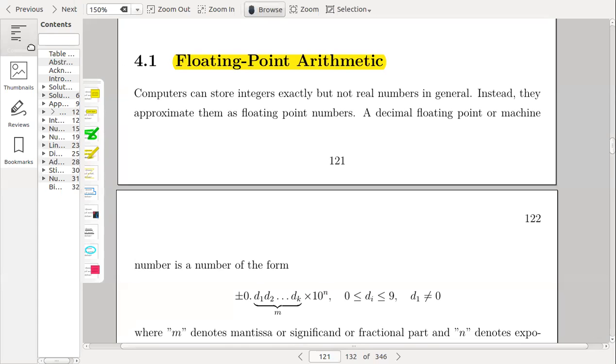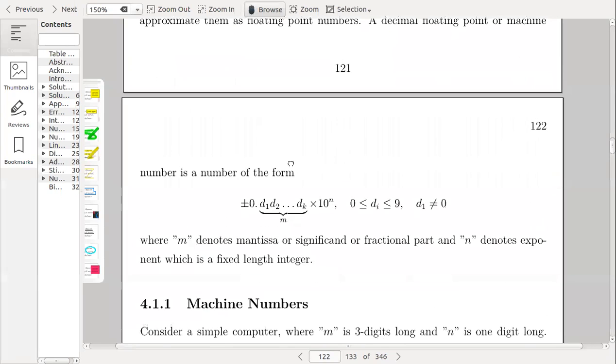A decimal floating point, or machine number, is a number of the form: machine numbers are also decimal floating points, and a decimal floating point is also called a machine number. The standard form can be expressed as plus or minus 0.d1 d2 and so on up to dk, multiplied by 10 to the power n, where each digit di lies between 0 and 9.